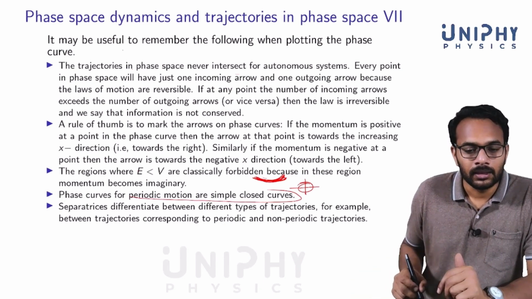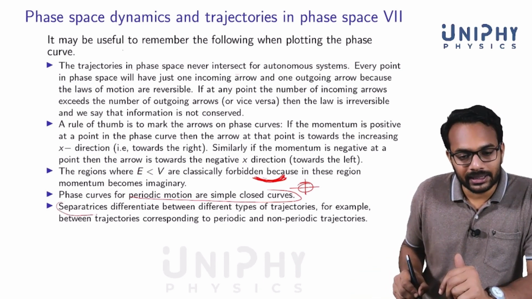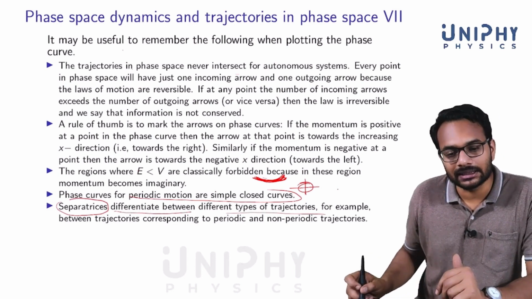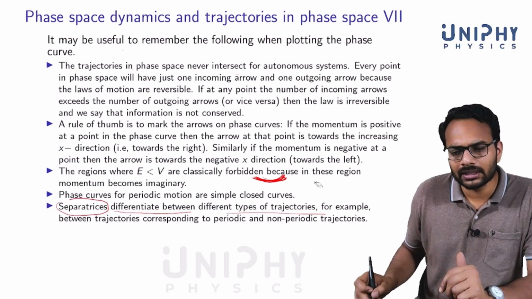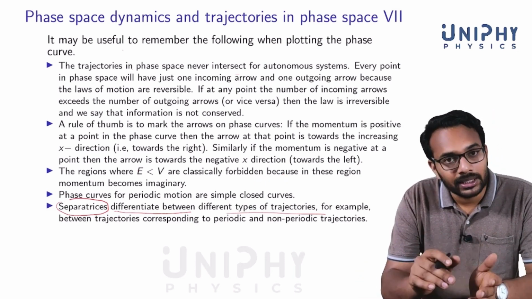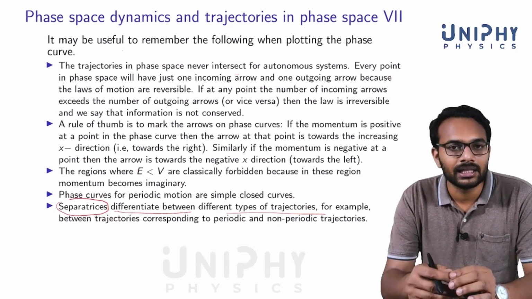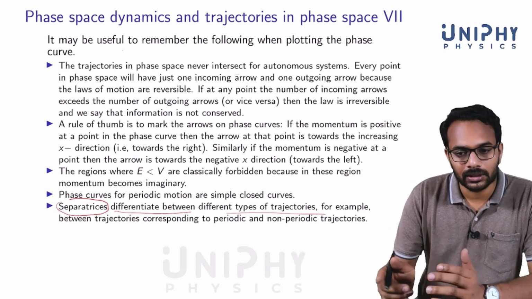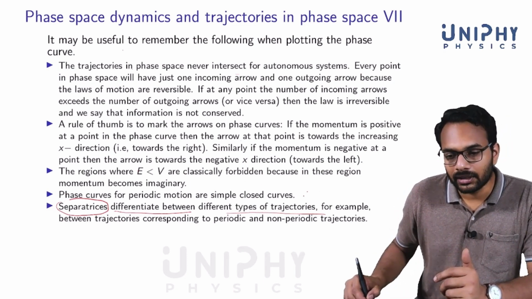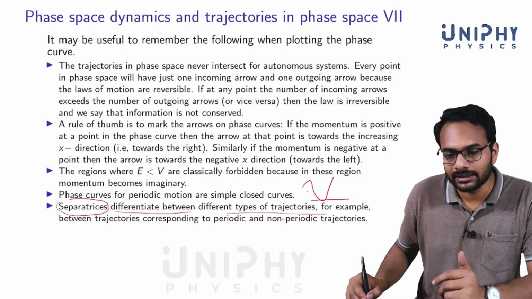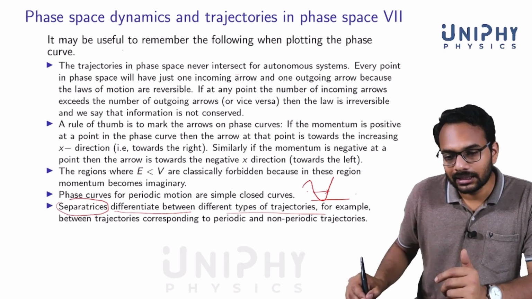Now there is a term called separatrix. Separatrices differentiate between different types of trajectories. For the same system, there can be trajectories which are periodic, which are closed, and there can be trajectories which are open, depending on the potential energy at a given point. For example, if you have a potential energy curve like this, you will see that within this region it's closed.